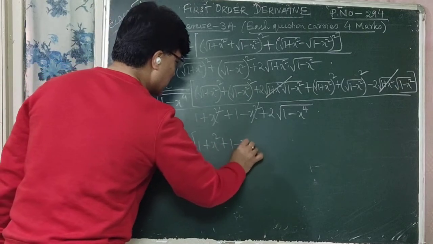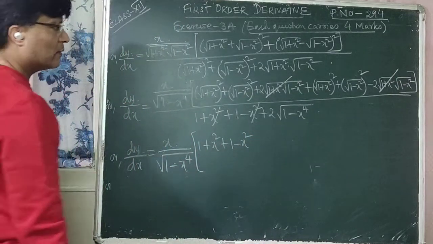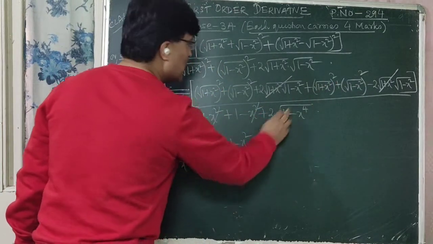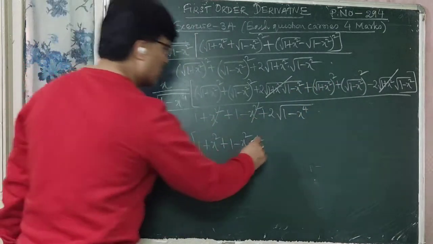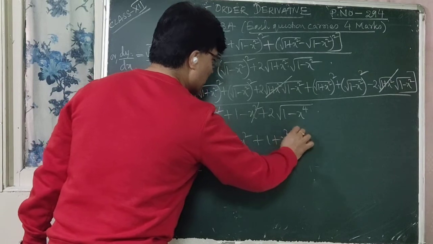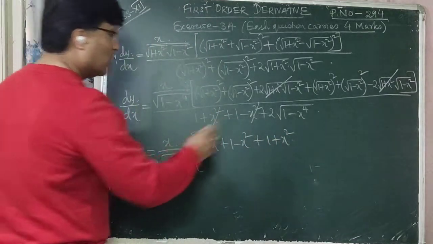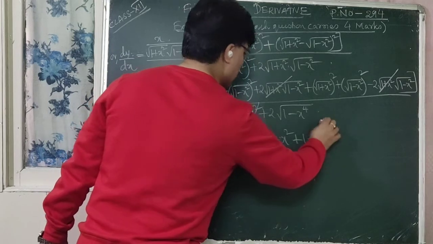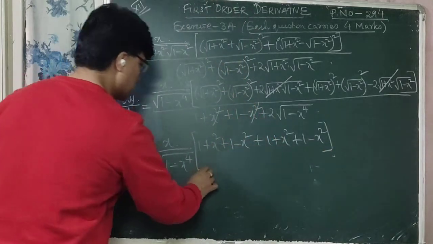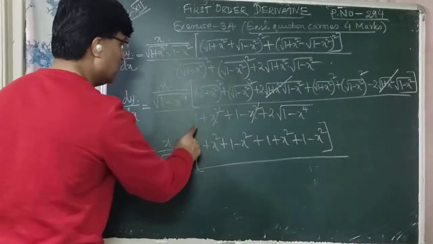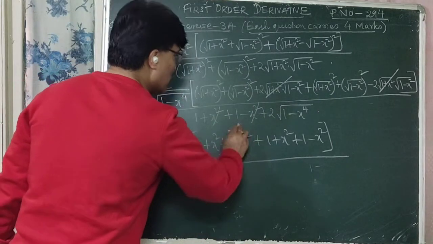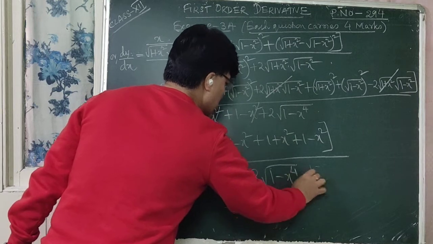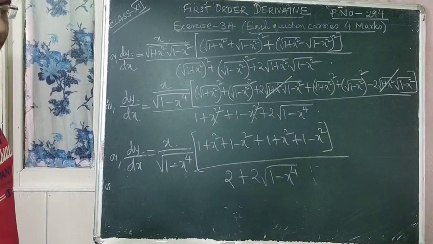It is 1 minus x square, right? And these two are cancelled. Then plus, what is root over 1 plus x square whole square again? It is also 1 plus x square. Square will be removed. Then what is the last term? Plus 1 minus x square. Okay? Third bracket is closed. This whole thing divided by 1 plus 1 is 2 plus 2 root over 1 minus x to the power 4. Is that clear?